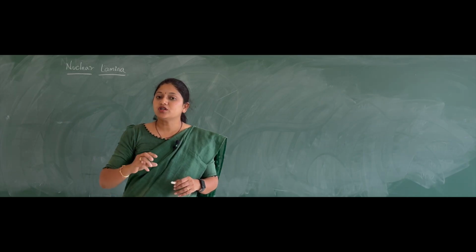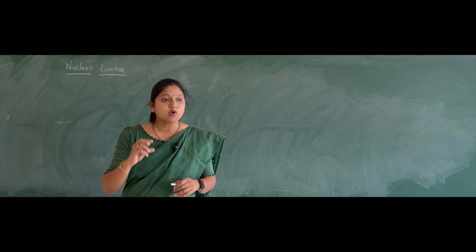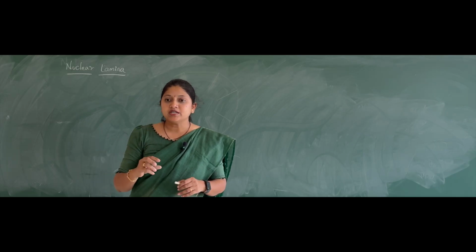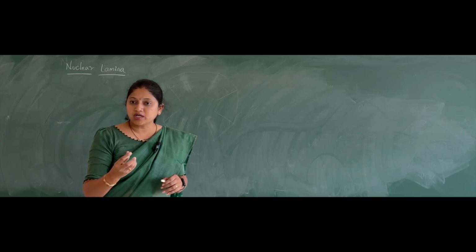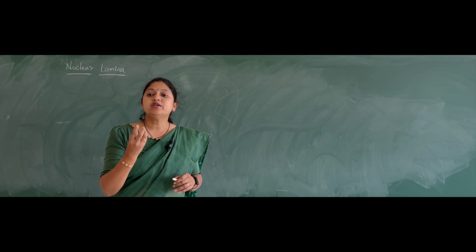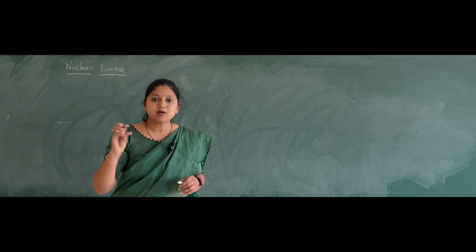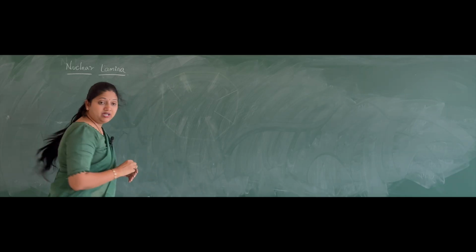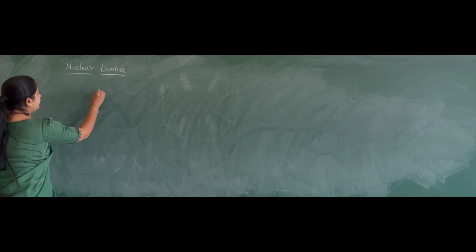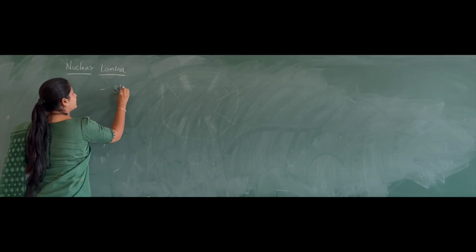So what is the function of those integral proteins? Those integral proteins hold the nuclear lamina properly below the inner membrane. Why do we need it? It basically acts as a skeleton.